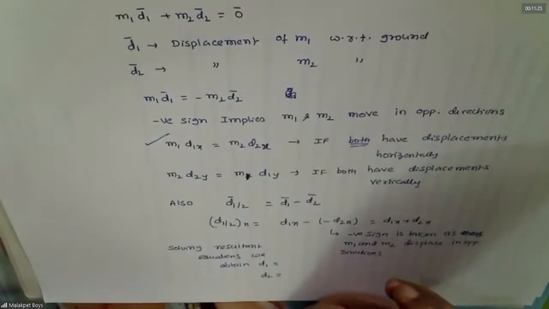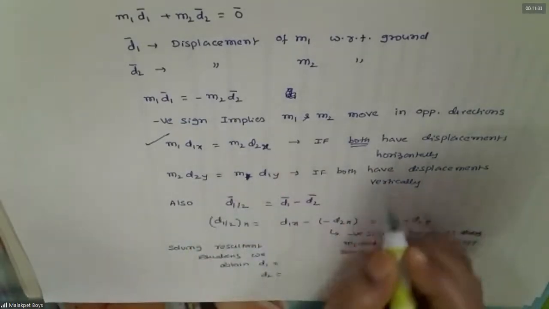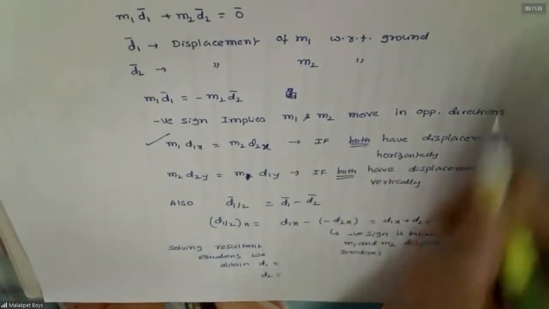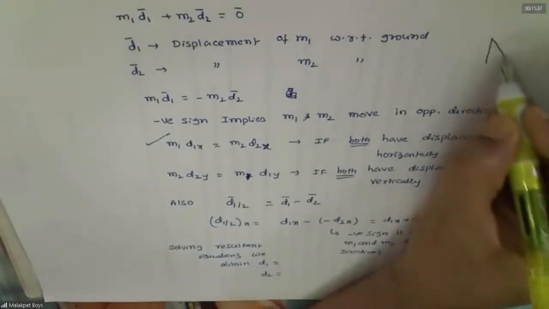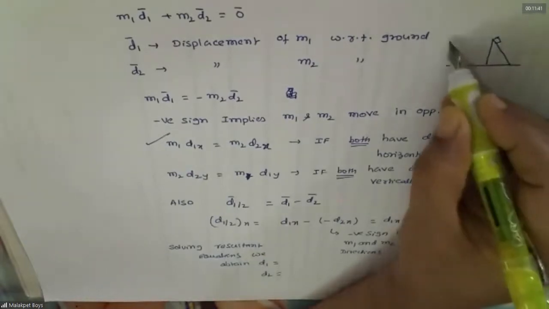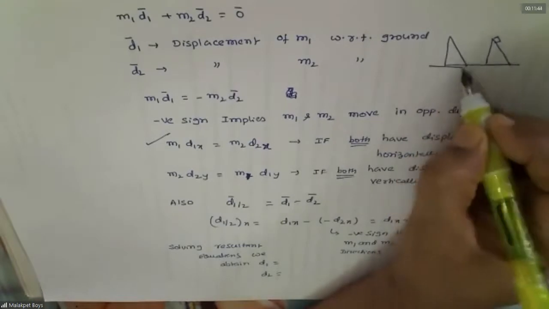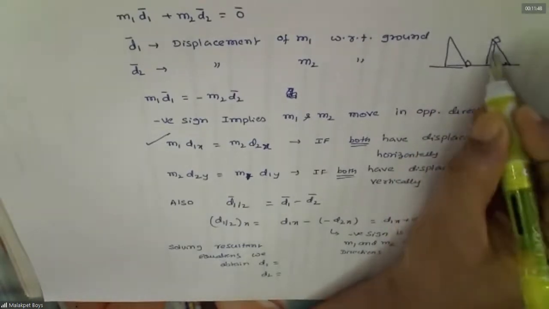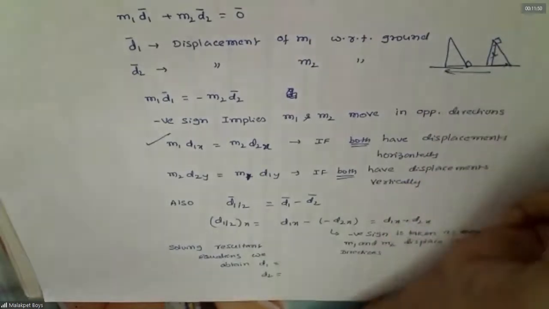In the wedge problem, you don't have y displacement for the wedge, so this need not be used now. Here, I have written, if both have displacement vertically, use this. In yesterday's problem, this is having only vertical displacement, this is having both horizontal and vertical, and this is having only horizontal, no?